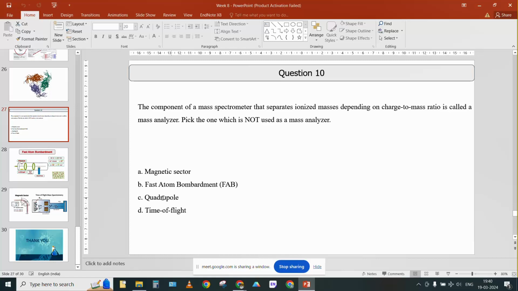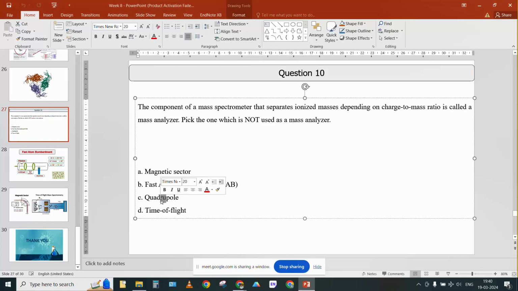And the last given option is quadrupole. Quadrupole mass analyzers use radio frequencies and direct current, electric fields to selectively transmit ions based on their mass to charge ratio.